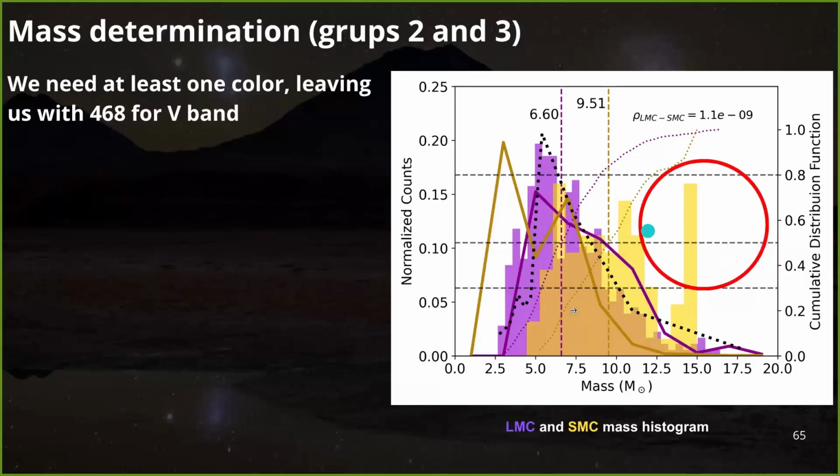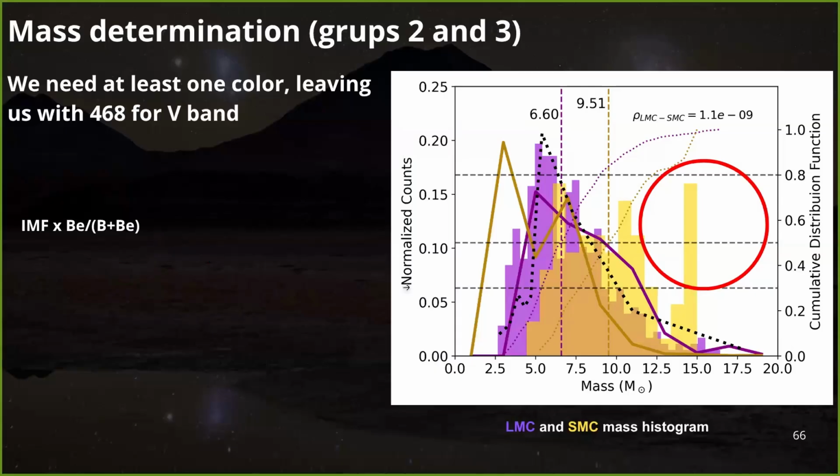We see that for the SMC sample, a very strange massive stars excess here. And to compare with what was expected from the literature, we combine the IMF information with the fraction of B stars observed for some particular clusters.